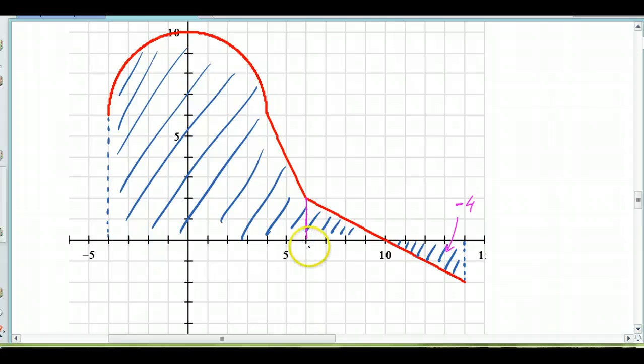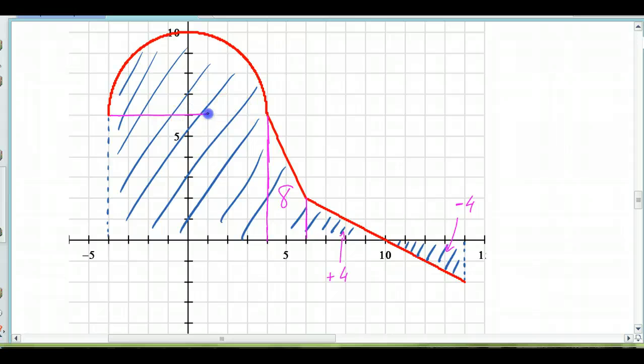Well, that's the same triangle, right? So this is +4. It's an algebraic area. This is a trapezoid. It doesn't matter if you don't remember the formula of the trapezoid. You can just count, it's made of a square and the same triangle as that, right? 2 by 4, so it's also 4. So this is 8. 4 plus 4, 8.